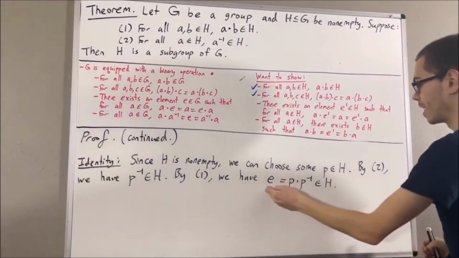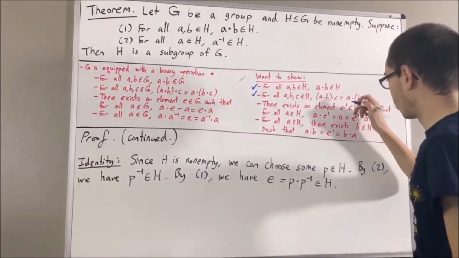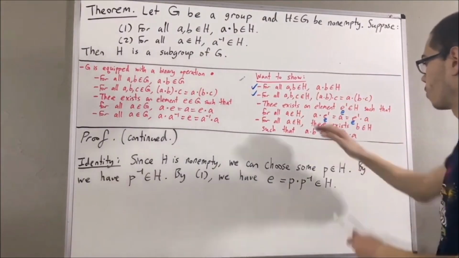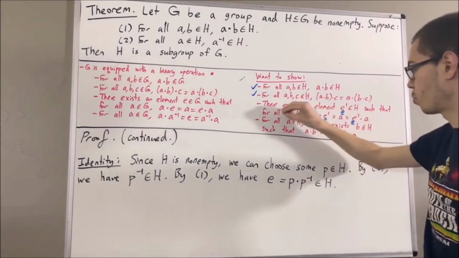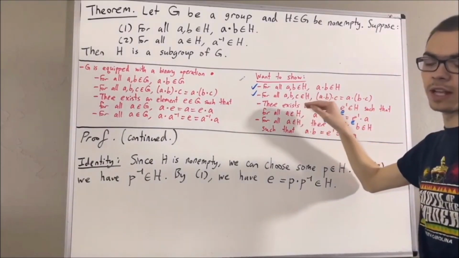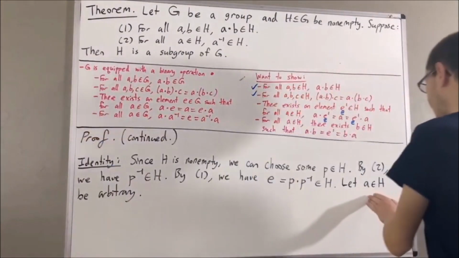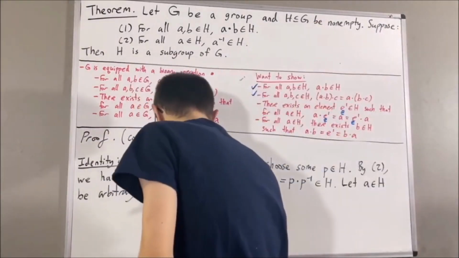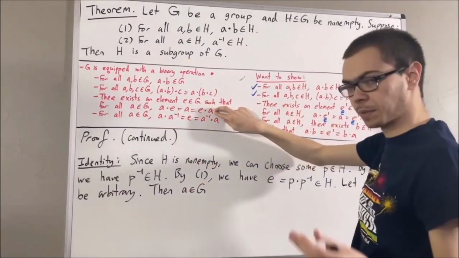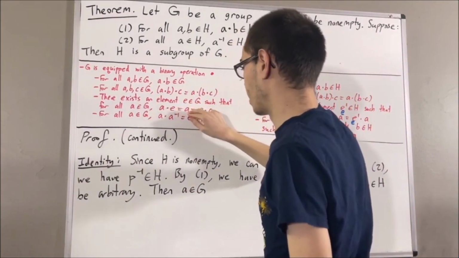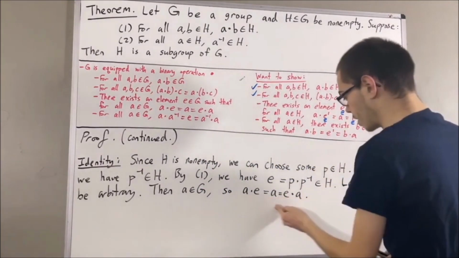And so the claim is that the identity element of G is also going to be the identity element of H. And to verify that, let's take E prime to be E. From here, we want to show for all A in H, A times E is equal to A, which is equal to E times A. So since we're trying to prove a statement about every element of H, let's give ourselves an arbitrary element of H. Call it A. Now, since A is an element of H, certainly A is an element of G. But remember, the identity element of G tells us that this statement is true for every element of G. So we must have A times E is equal to A, which is equal to E times A. So this shows, given any element of H, we have that this equality is true.